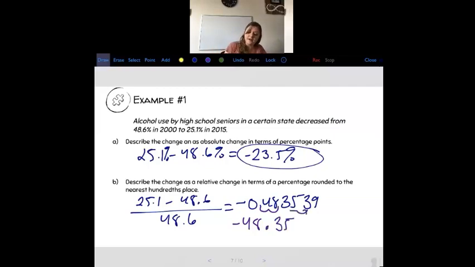So be careful here. This is negative 48.35%, but MyMathLab might already have decrease afterwards. So this could also mean 48.35% decrease. So don't double count the negative. If the software is putting decrease after the percent, don't put the negative in. It will mark it wrong.